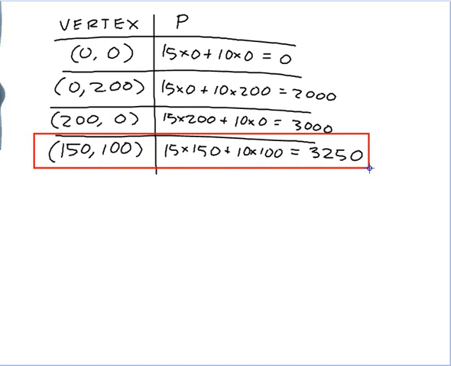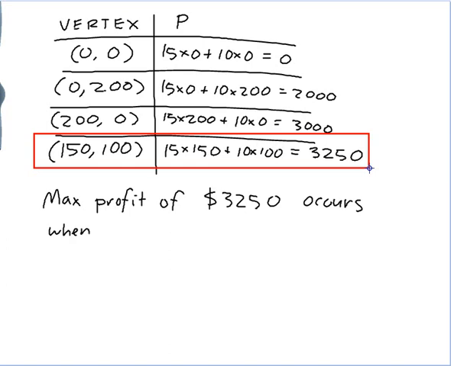So max profit of $3,250 occurs when F equals 150 and S equals 100.